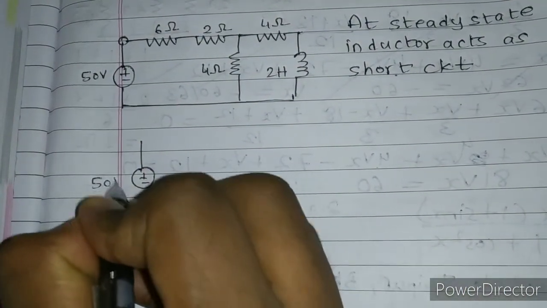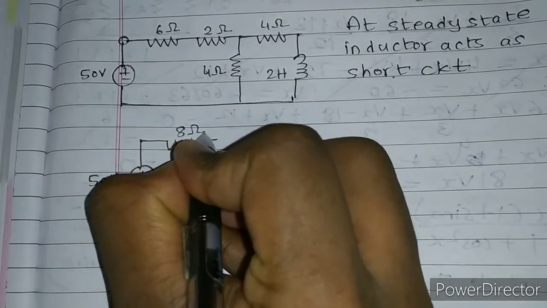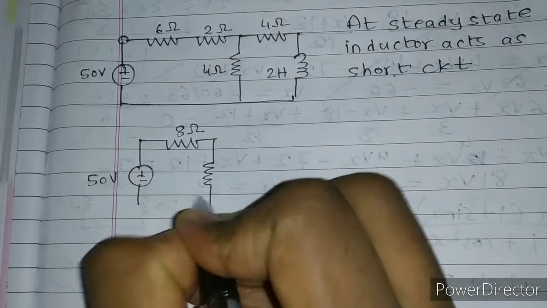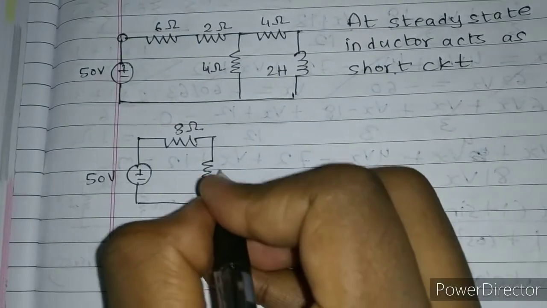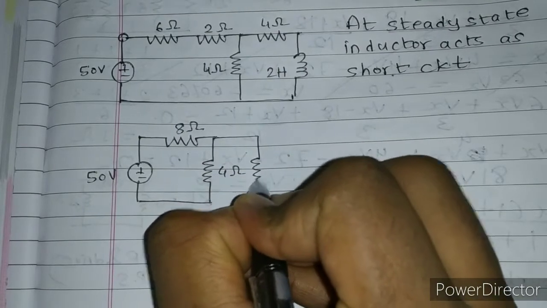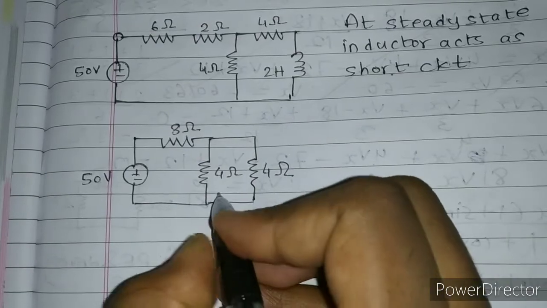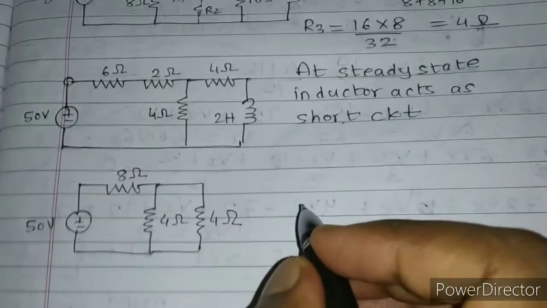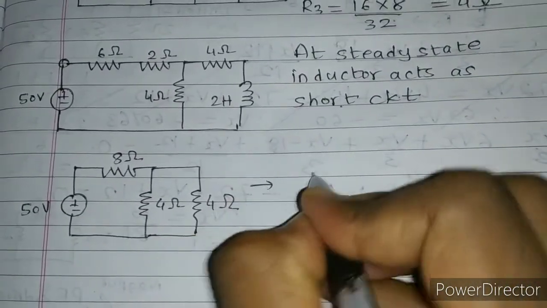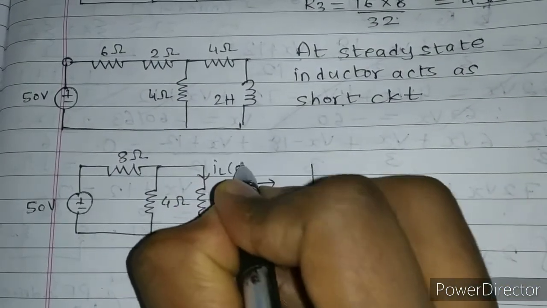50 volts over here, this is an 8 ohm resistor, 4 ohm in parallel with a 4 ohm resistor. The current through this 4 ohm resistor is IL of 0 minus.